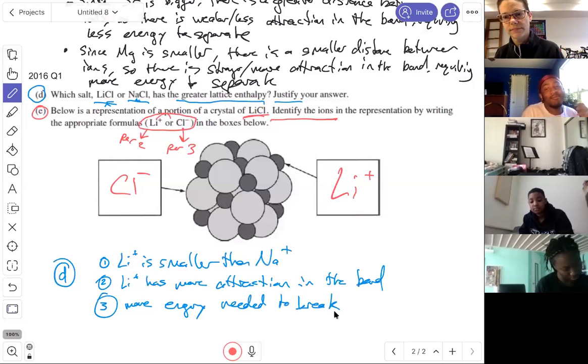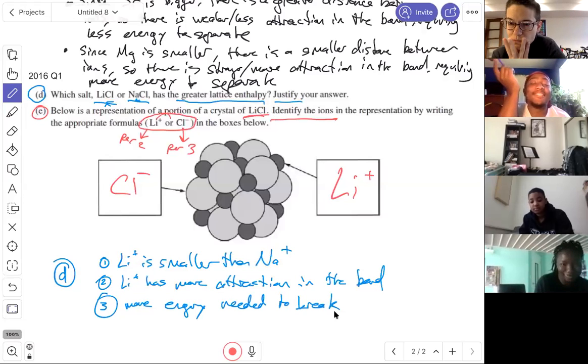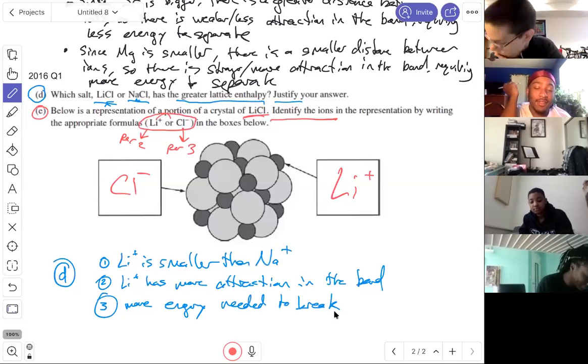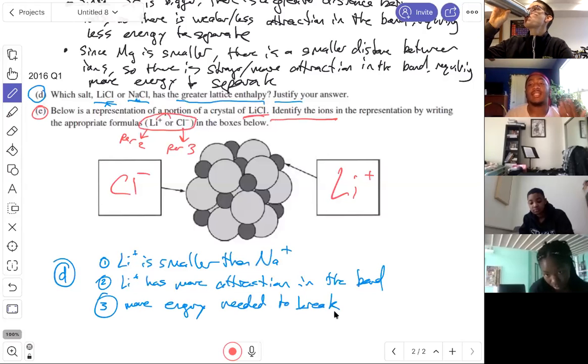Miss Baskin. Yes, Sean. When we say lithium is smaller than Na, do we have to reference, in the wording of questions, like before, we had to say Mg is smaller than strontium because it has fewer energy levels?